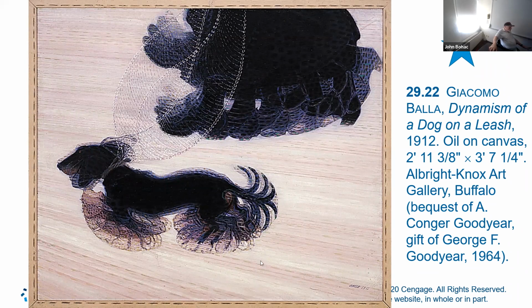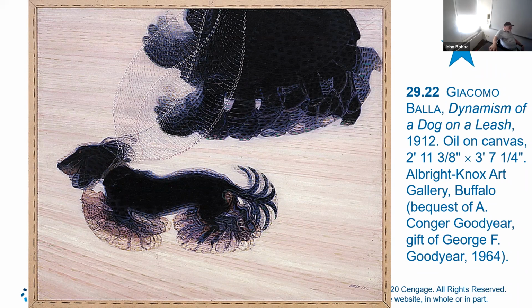Bottom line, Cubism could show you multiple viewpoints of a single object. That was one of the things they did. They could show you the side and the front or the back or whatever.